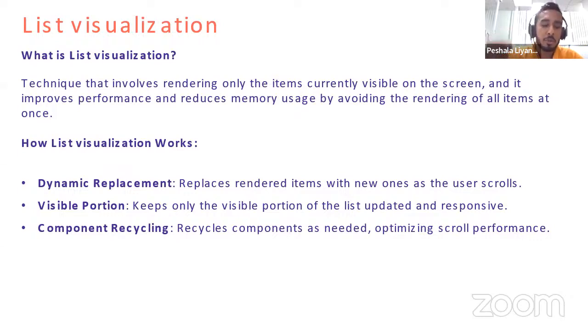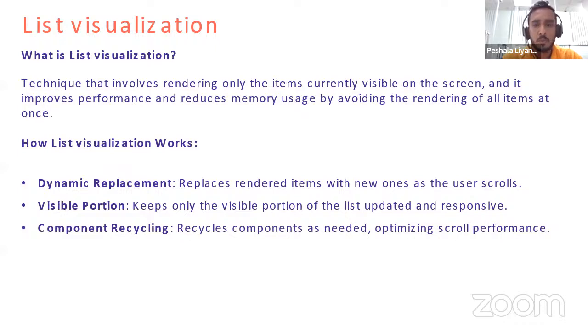If you are not using list virtualization, what will happen is that the React app will try to load thousands of components in a single page, and it will lag. The user has to wait till all the components load, and there will be a lag between the user and the application. Yeah, that's pretty much about list virtualization.